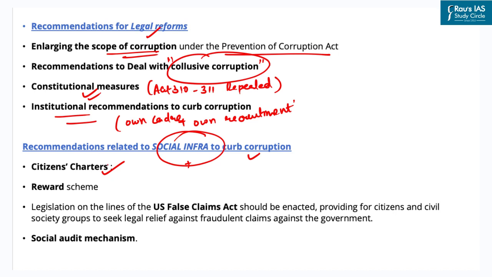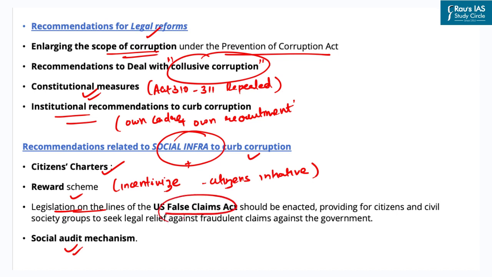It also recommends a reward scheme to be introduced to incentivize citizens' initiative. It also recommended adoption of measures related to social audit and introduction of a legislation on the lines of the US False Claims Act that provides for citizens as well as civil society groups to seek legal relief against fraudulent claims against the government to check any illicit move.